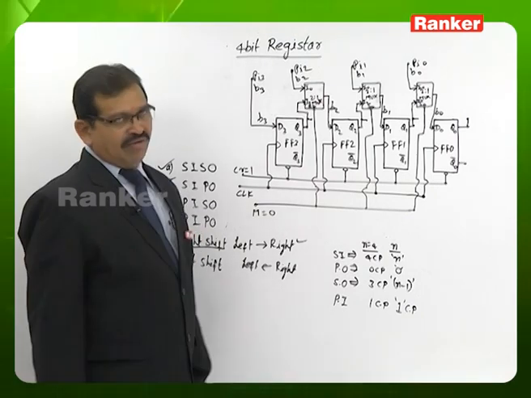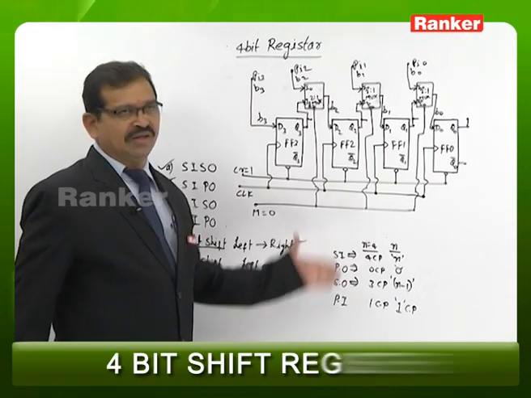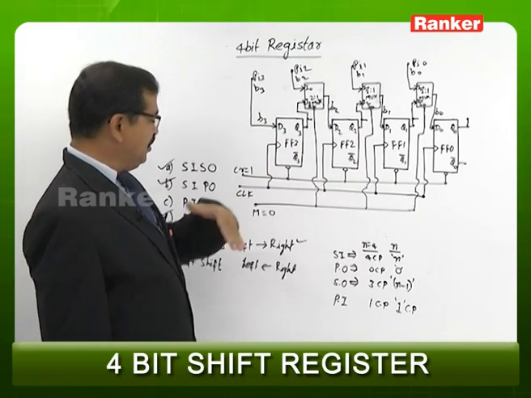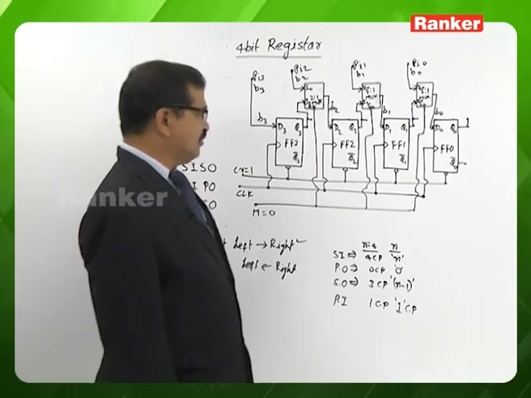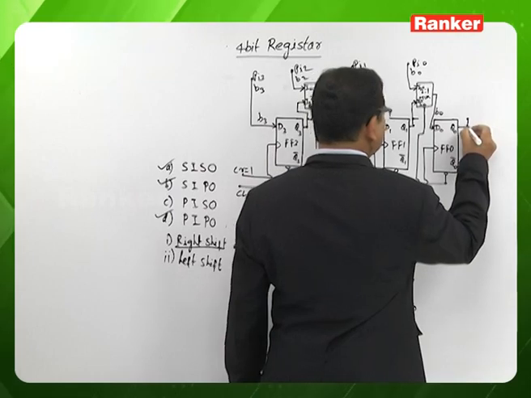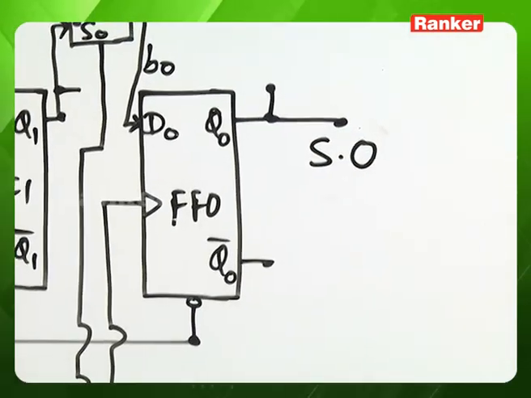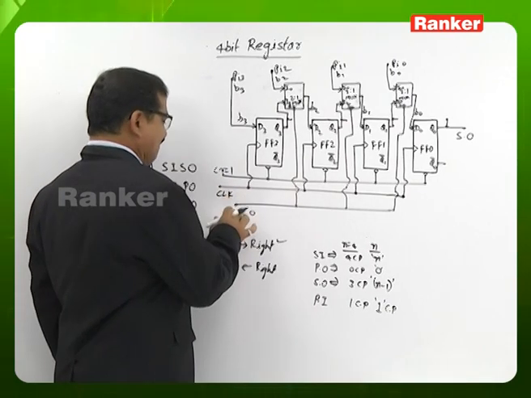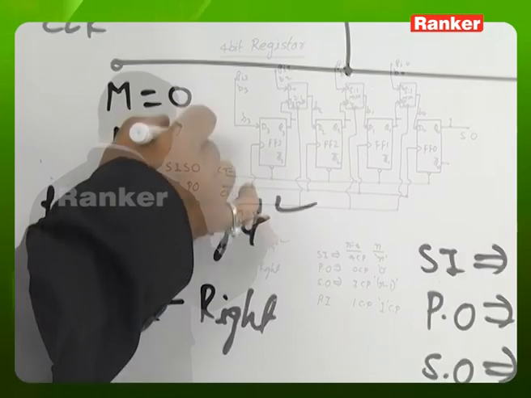And we want to read only 1 bit at a time from the register. After writing the data into the register in the parallel form, we want to read only 1 bit at a time from the register. Then for that purpose, we are having a possibility to use a flip-flop 0 output as a serial output terminal. And here we need to keep M value as 1.